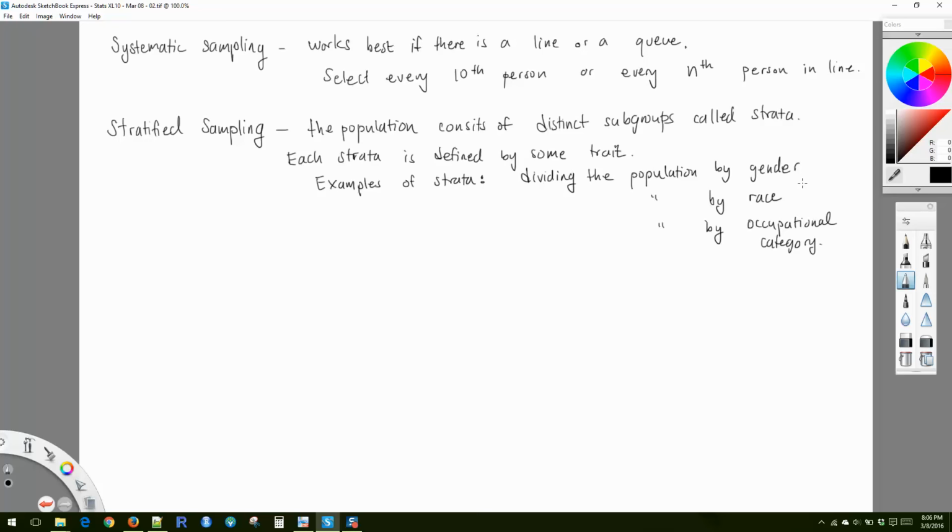Anyway, you have strata. Okay, and then when you select your sample, you make sure each strata is represented.